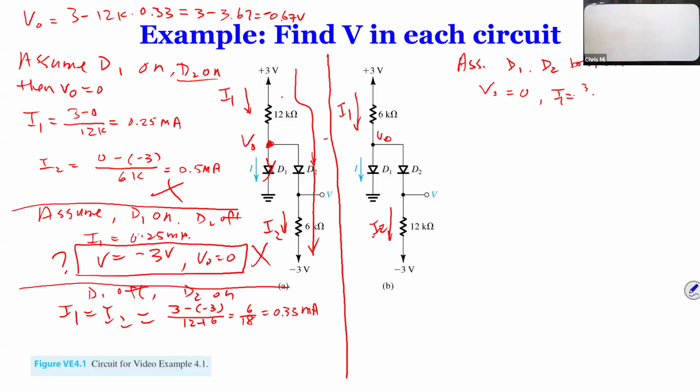I1 is 3K divided by 6K, equal to 0.5 milliamps. And I2 is going to be 0 minus 3 divided by 12K, which gives you 0.25 milliamps. And now we know that I equal to I1 minus I2.